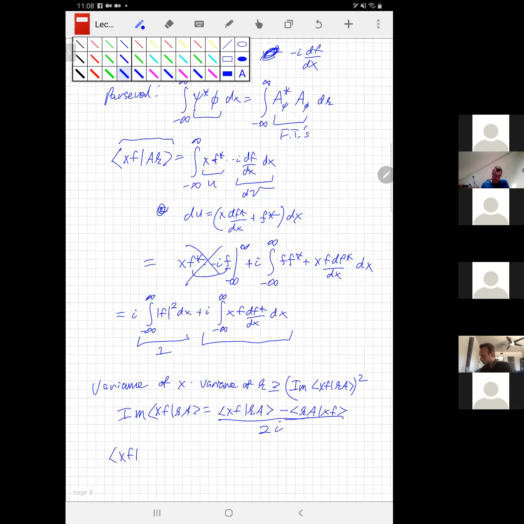We know that the inner product of xf and f equals i plus i times the integral from minus infinity to infinity of xf df star dx.